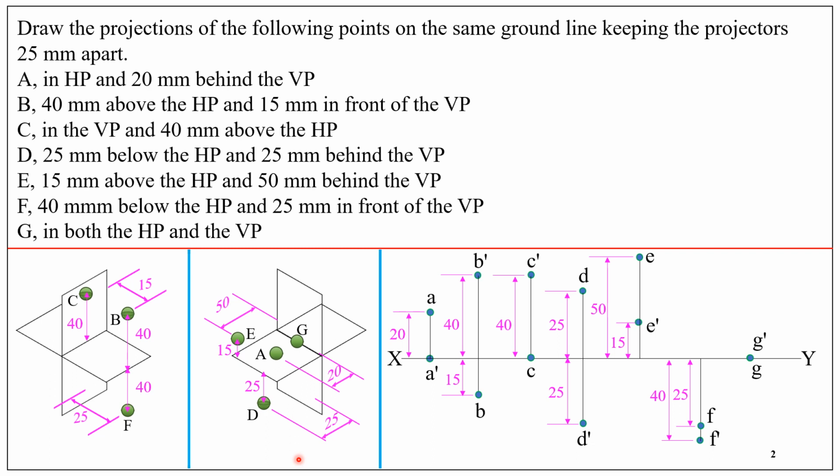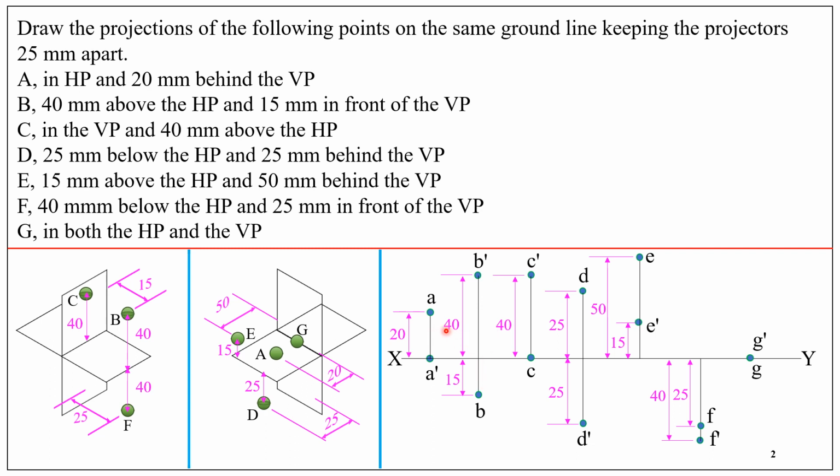We have drawn all the 7 subdivisions, but in the problem it is given draw the projection of the points on the same ground line, keeping the projectors 25 mm apart. What is the meaning of this 25 mm apart? The distance between A dash A, B dash B is equal to 25.